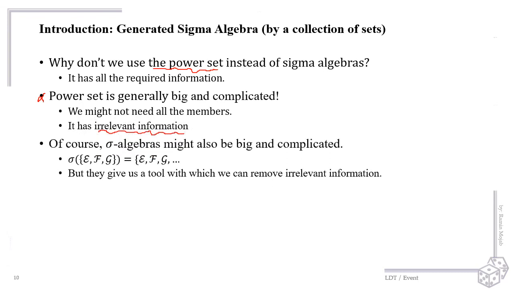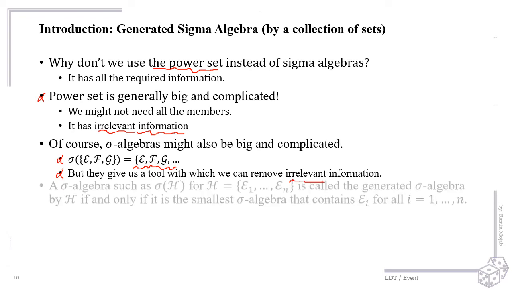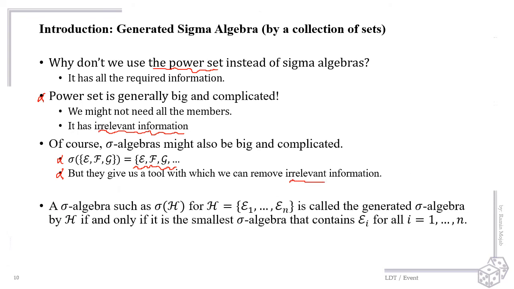Of course, we know that sigma algebras might also be big and complicated. For example, you can try to complete the right side of this equality similar to the previous example. It's going to be a hard job to do. Maybe a better answer is that the concept of sigma algebra gives us a tool with which we can remove irrelevant information. This tool is the generated sigma algebra.